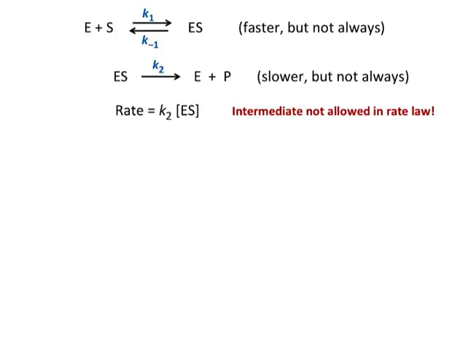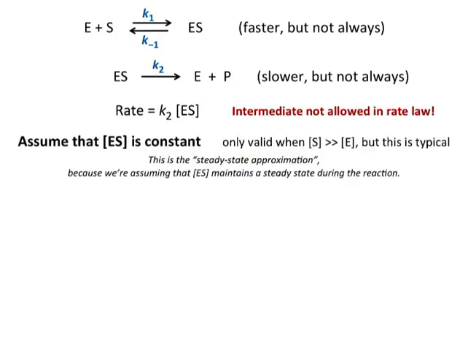If the first step was much faster, then we could do just like we did before, but the first step's not always faster, so we have to do something else instead. What we do is we assume that the total concentration of enzyme substrate complex is constant. This is called a steady state approximation, and we call it this because we're assuming that the ES concentration is steady during the reaction.